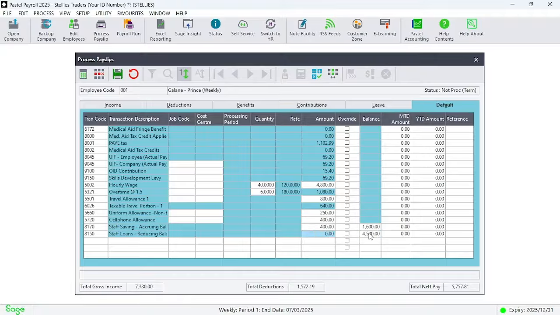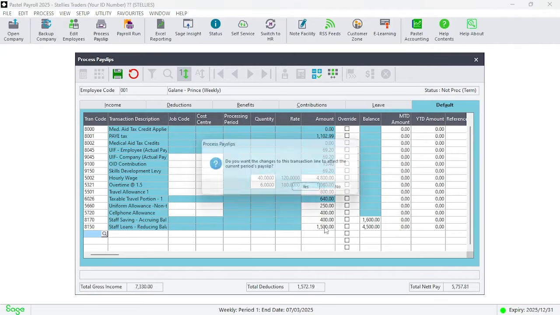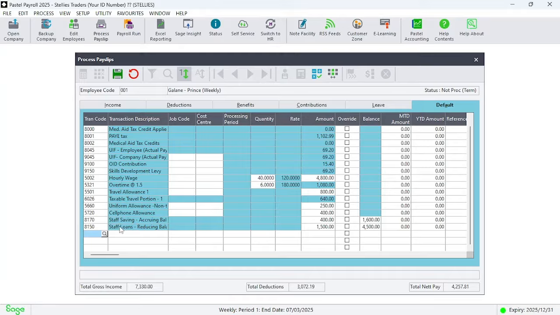Go back again now to the amount, and now we can put in 1,500. Now you go down, you will not experience a problem. So always start off when it comes to loans, you put in your balance first and then your amount. The computer will not allow you to put the amount and then the balance. So it's balance and then amount.